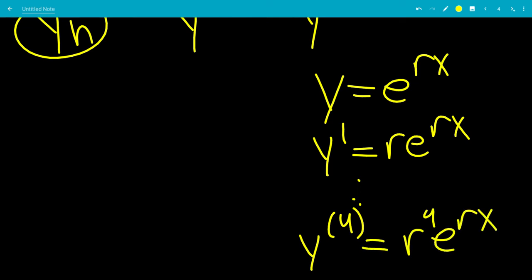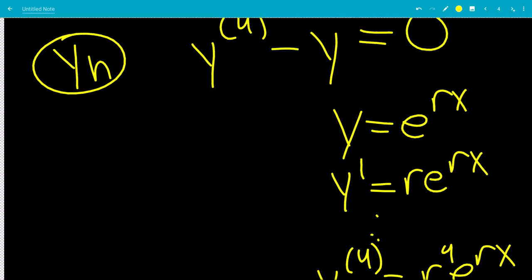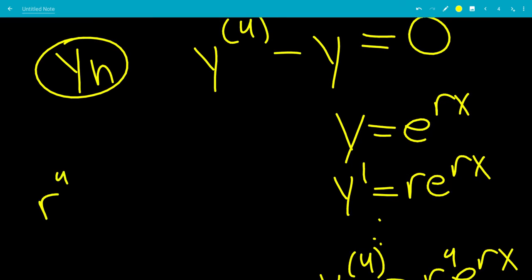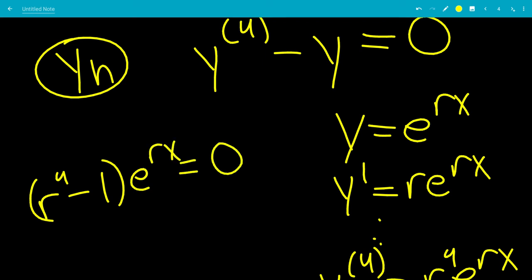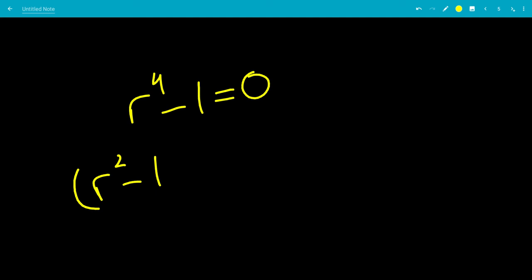Now we plug all this in. We have r to the fourth minus 1 times e to the rx equals 0. And e to the rx cannot be equal to 0, so we can just divide by it, or cancel it out. We'll be left with r to the fourth minus 1 equals 0. Now we can factor this as r squared minus 1 and r squared plus 1.